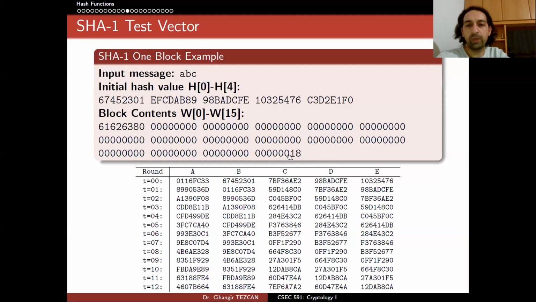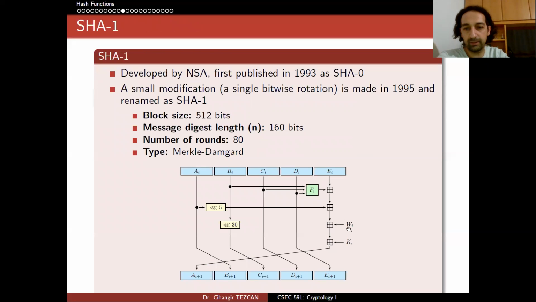And at the end, we put the length of the input message. This is 3 bytes, which means 24 bits. So 24 as an integer, when converted into hexadecimal, becomes 18 here. This block contains the Wi's, as in the picture.